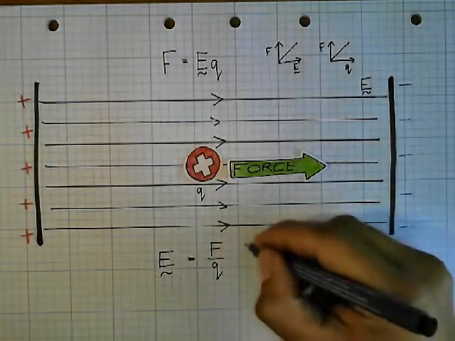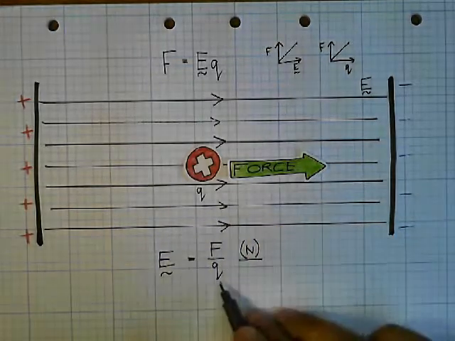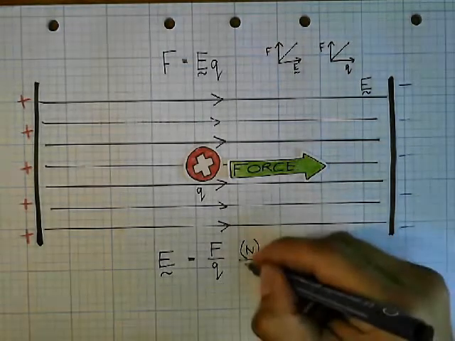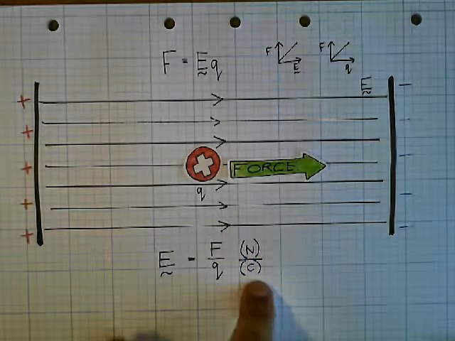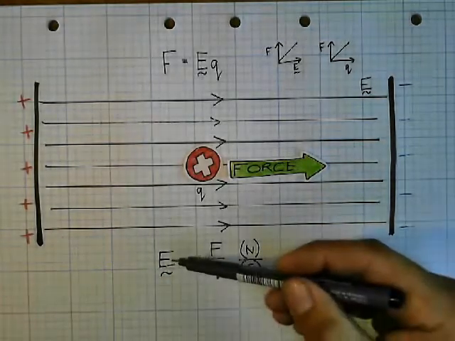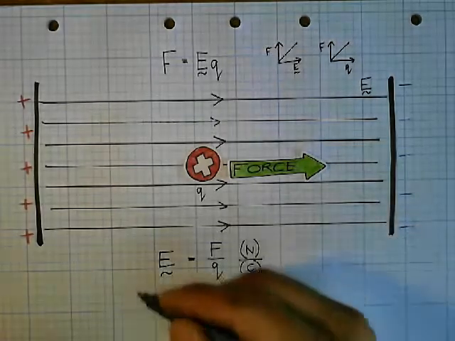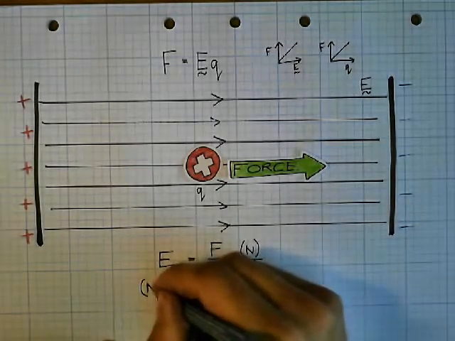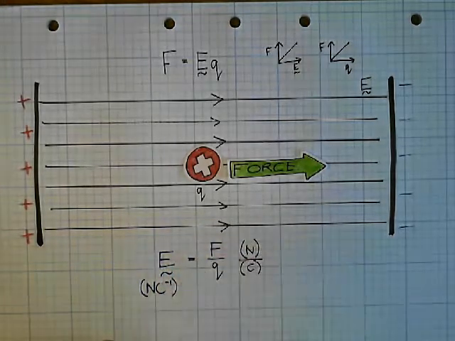Since we know the units for force are newtons, and we know the units for charge are coulomb, we've now got some units for the electric field strength. The units for the electric field strength are newtons per coulomb.